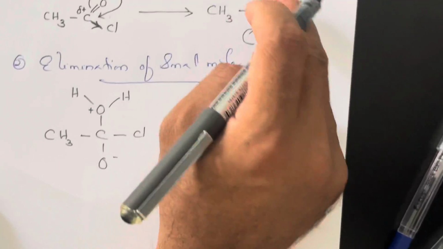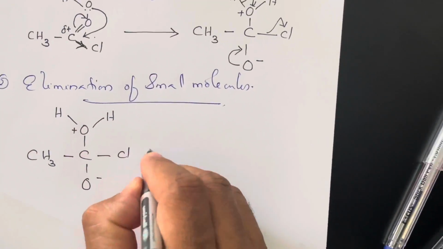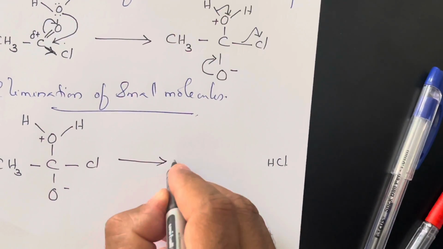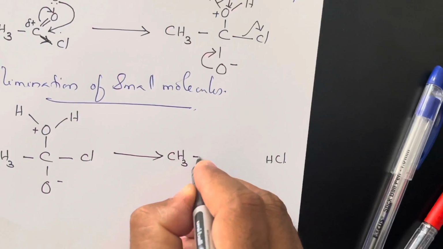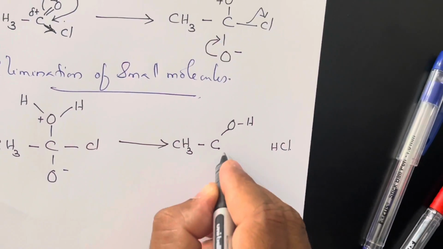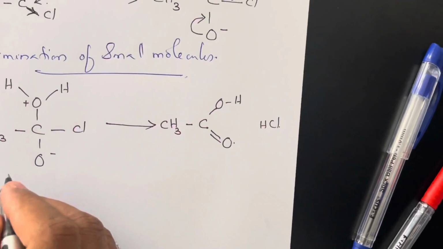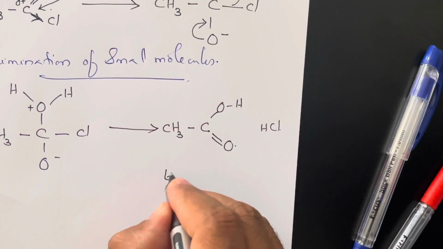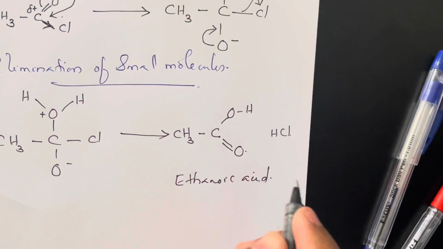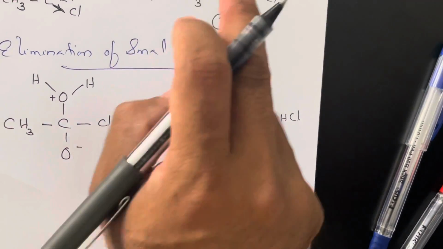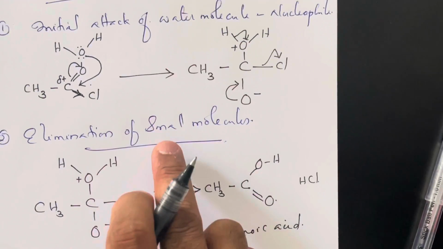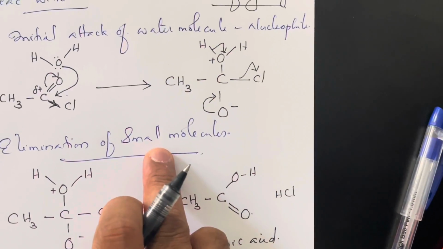I am not showing the electron shifting arrows here. The HCl molecule will be eliminated and you will get CH3COOH, with a double bond to O. That is ethanoic acid. In this case, listen to what happens: there is an initial attack of the water molecule, followed by elimination of small molecules.